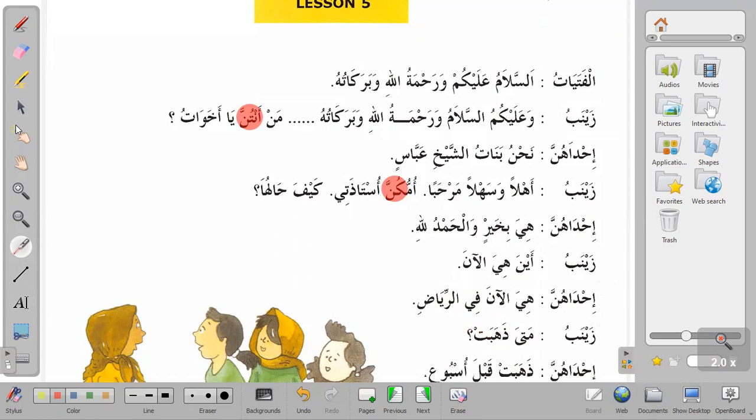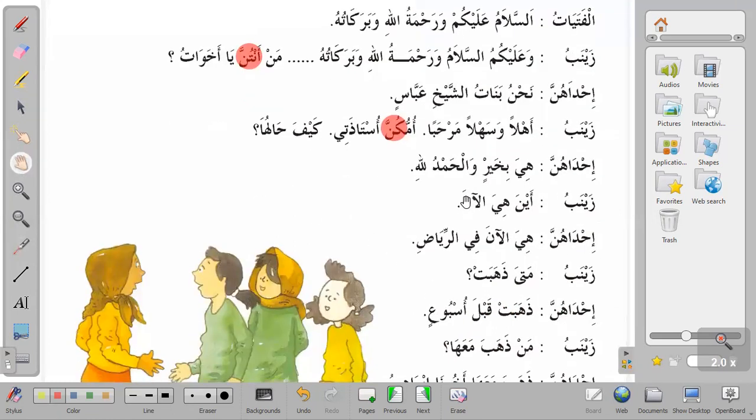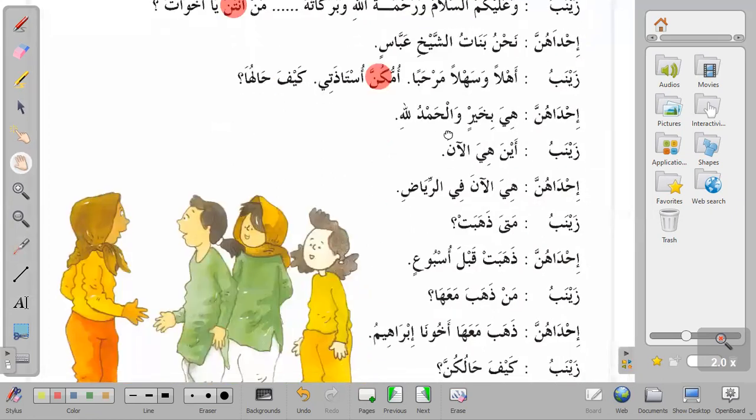So mata zahabat. If it were to be masculine, it would be what? Mata zahaba without the tau. But this tau is added to differentiate, meaning female.